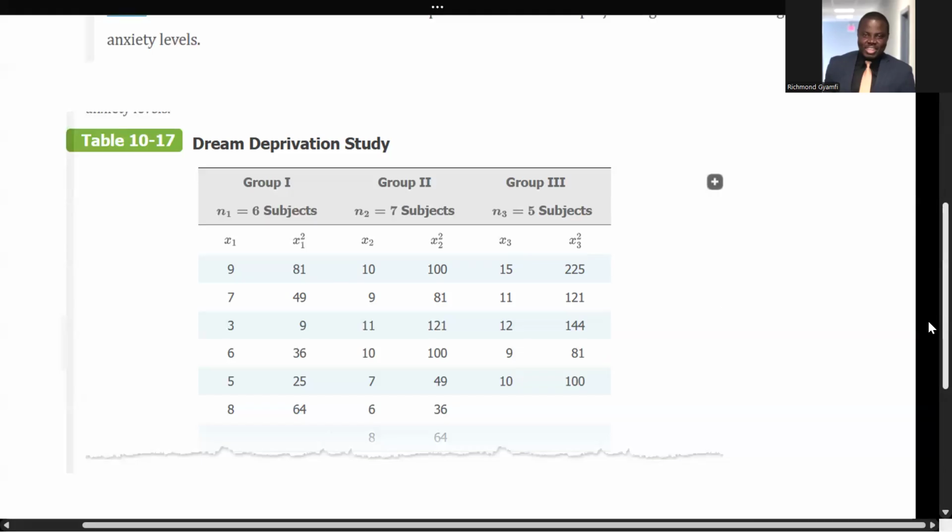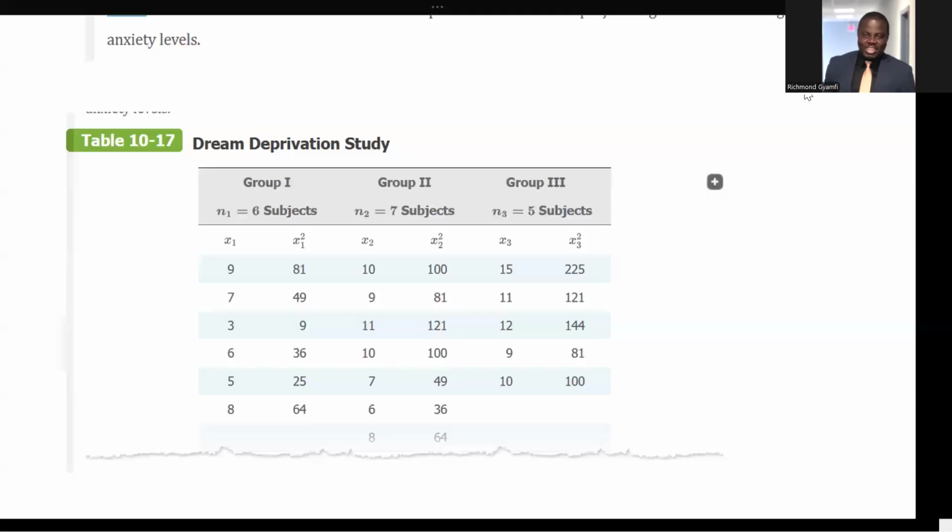All right. So first of all, we have to set up our hypothesis. For H0, we have mu1 equals mu2 equals mu3.